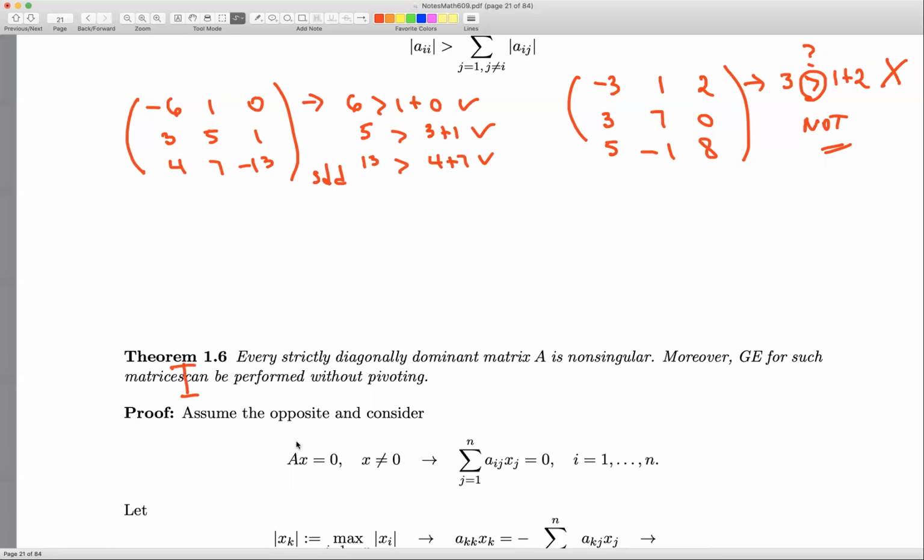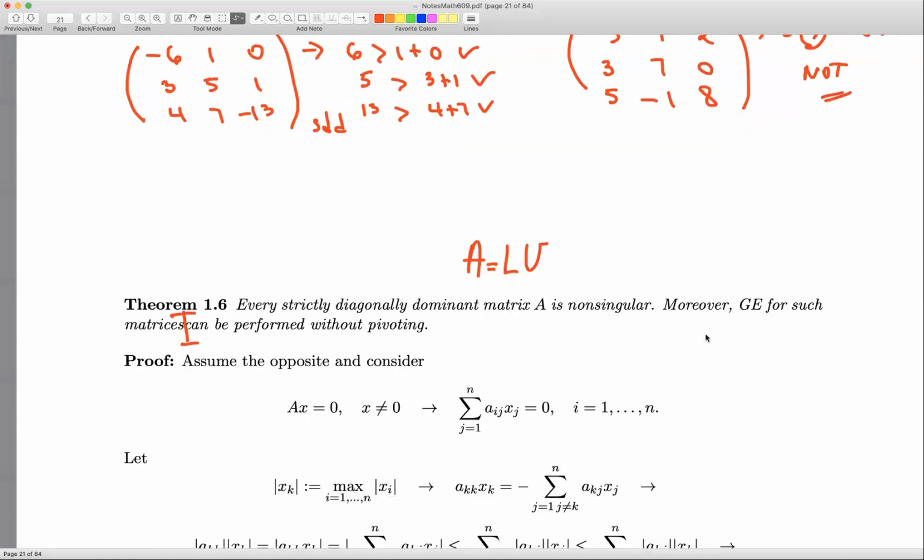That means that the matrix A, if it is strictly diagonally dominant, can be written as a product of a matrix L and a matrix U. This part of the proof is part of your homework. And now we'll do the first part of the proof.